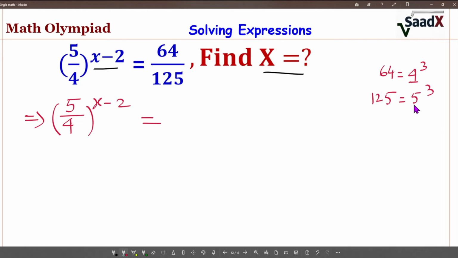So here is 4 and 5, but on the left side it's 5 by 4.